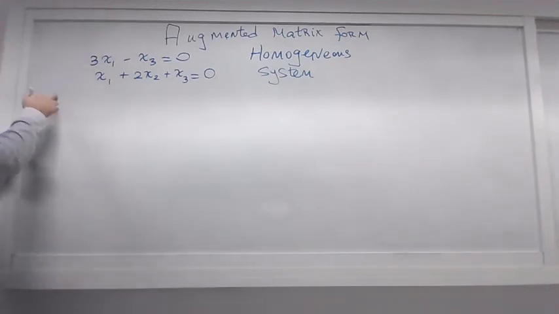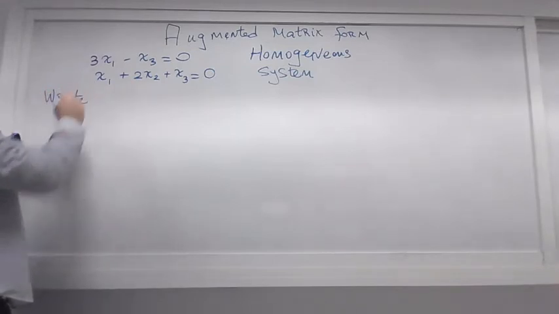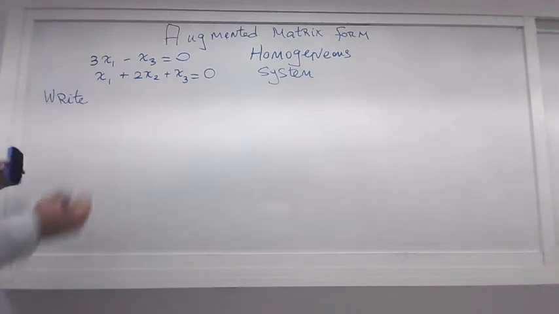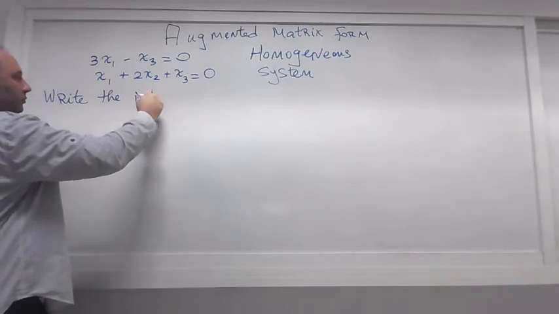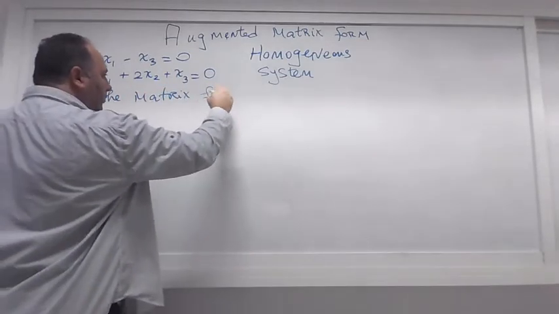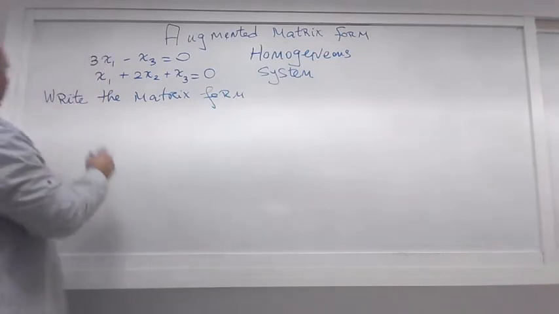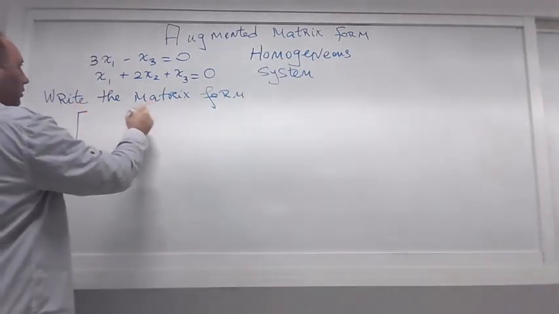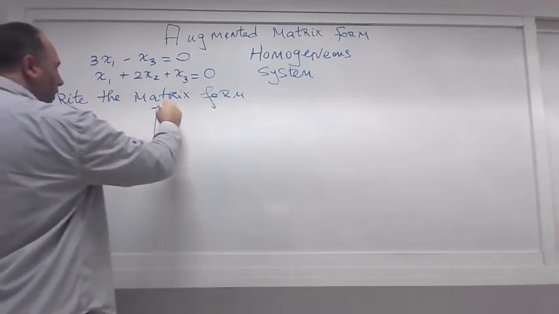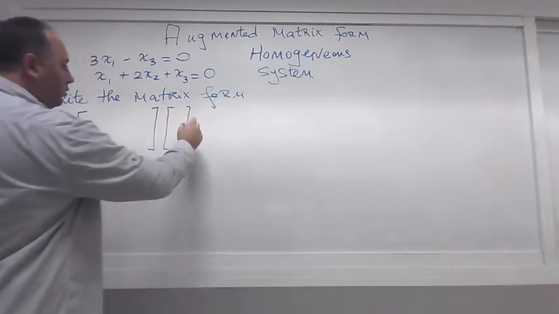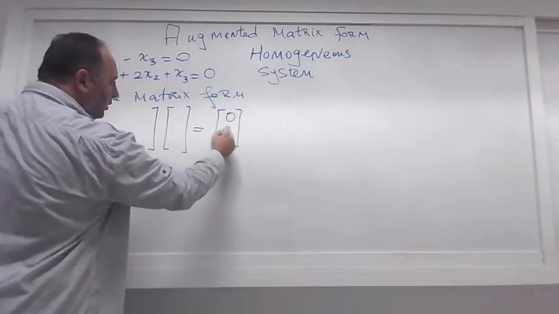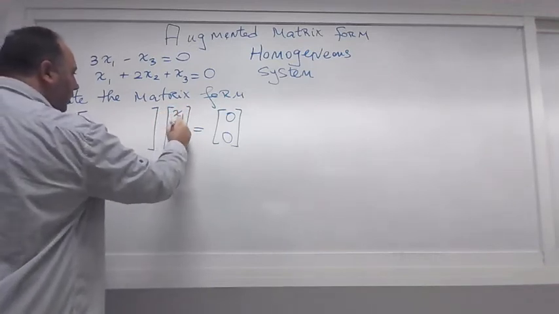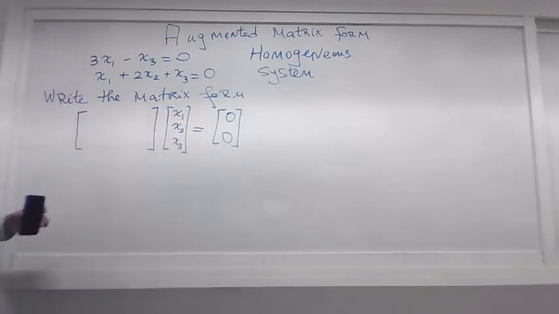So let's go for matrix notation and then I'll go for the augmented matrix. Later on you will write the augmented matrix straight away, it's going to be faster. So I have my coefficient matrix, then a vector for the unknowns, and then a vector for the right hand side member. So these are 0 and 0. The unknowns are x1, x2, and x3.